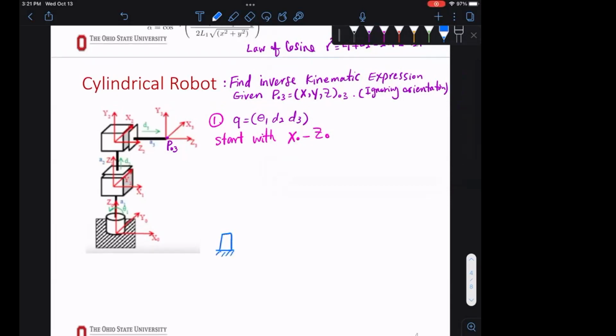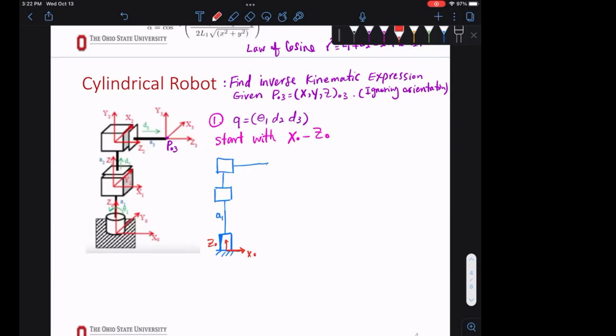I'm going to model that with a box. This is another box for my prismatic, and there's this line I see here. That's basically what we see from the side view. Now I'm going to put all the frames. This is X0, Z0. I will see the length of this as A1.